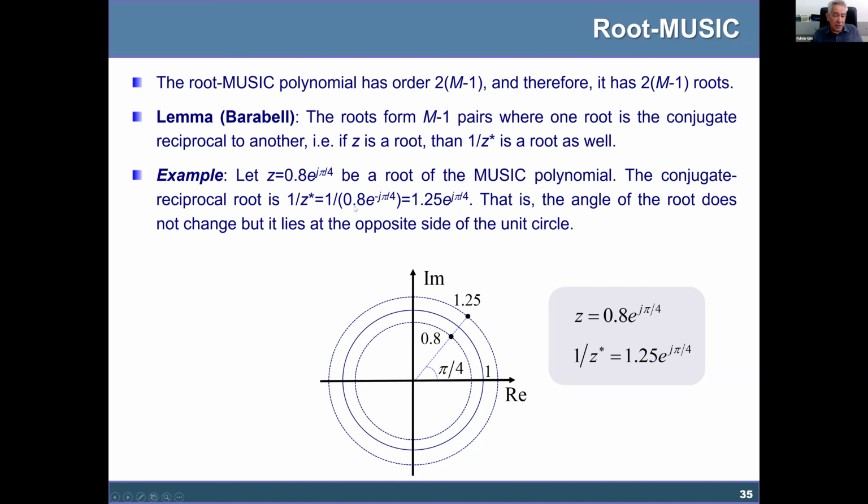So 1 divided by 0.8, and so the amplitude is the reciprocal, the phase is the same, because you take the reciprocal, but then you take the conjugate. So basically, the roots are aligned in couples in reciprocal position with respect to the unit circle. So there are n minus 1 internal, n minus 1 external.